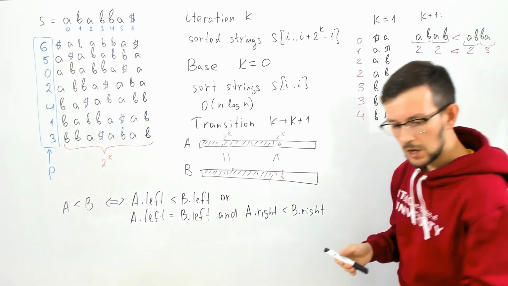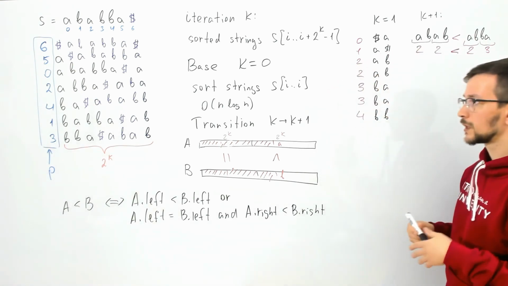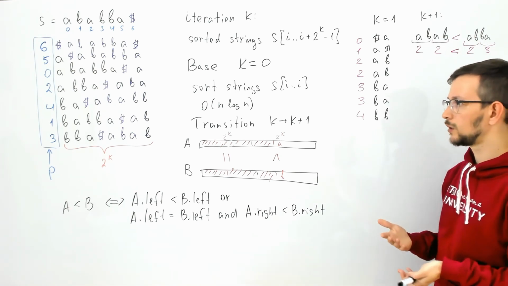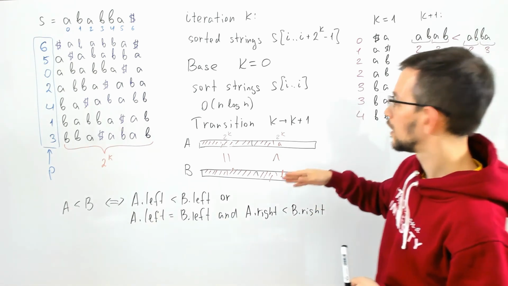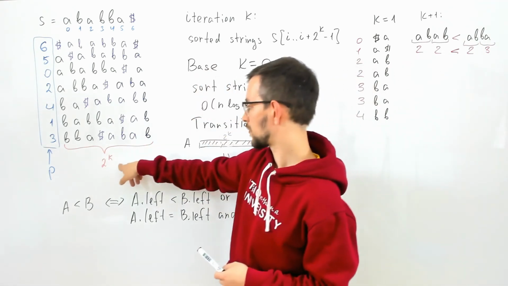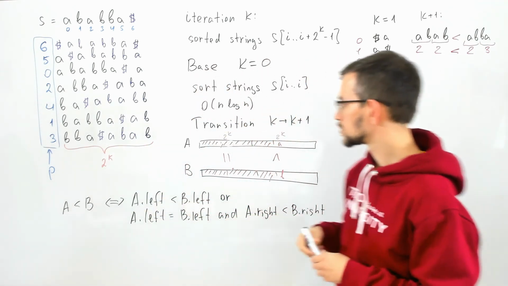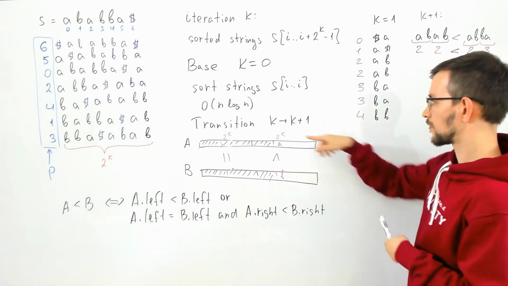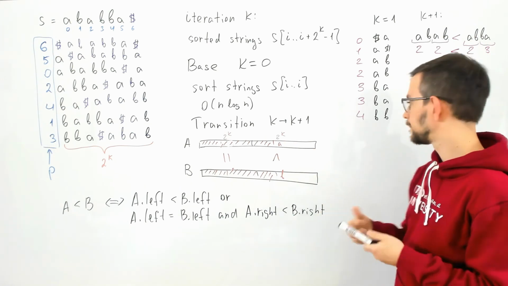So, what is the total time complexity? The total number of iterations will be log n, because we end the algorithm when 2^k is greater than or equal to n. So we do all these transitions until 2^k is greater than or equal to n.